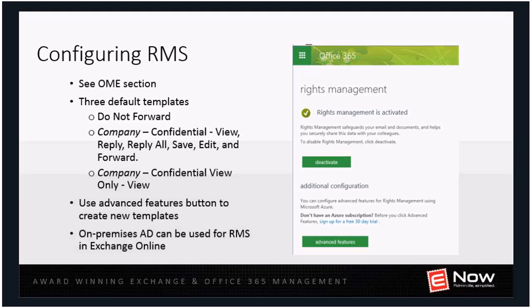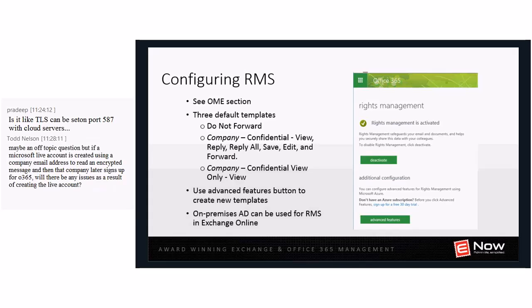After we get that configuration done, we do have 3 default templates that are created for us in our Office 365 portal. First one is called Do Not Forward. That template, if you apply it to a message, will work across Office 365 tenants. So I could set up a message with that Do Not Forward template, and I could send it to one of the folks at eNow, and they would be able to read that. It would all work for them, but they would not be able to forward that message.